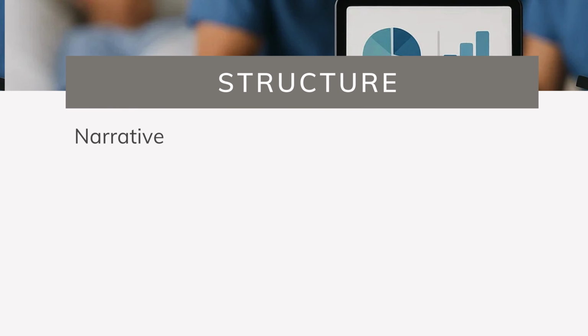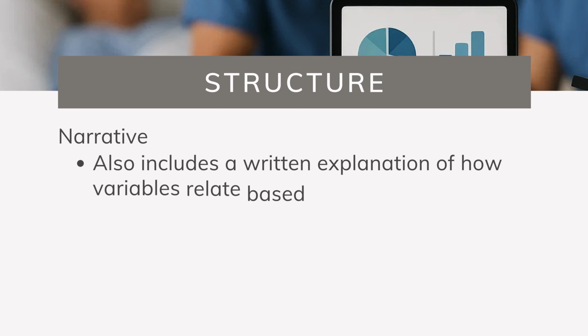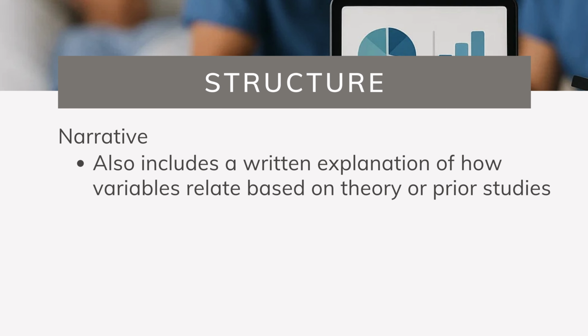While the diagram is important, your reader, particularly your panel, will also look for a written explanation of how the variables are connected. Let us now talk about the narrative structure. Include a written explanation of how variables relate based on theory or prior studies.